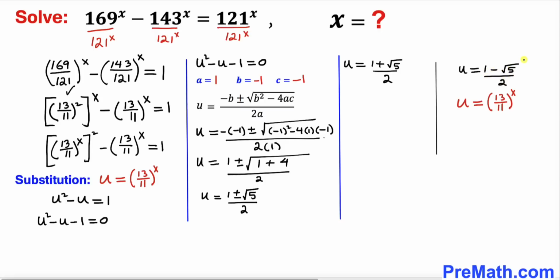Now let's take care of this second equation first, and we know that u equals (13/11)^x. Let's equate that one. So that means (13/11)^x equals (1 minus square root of 5) divided by 2.